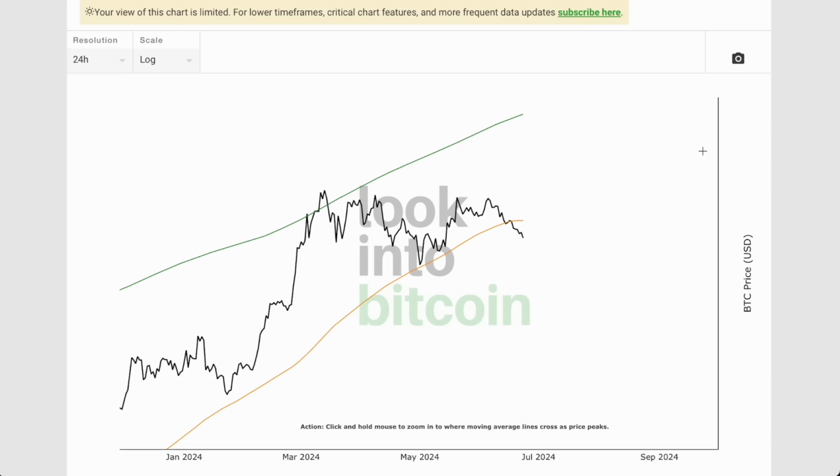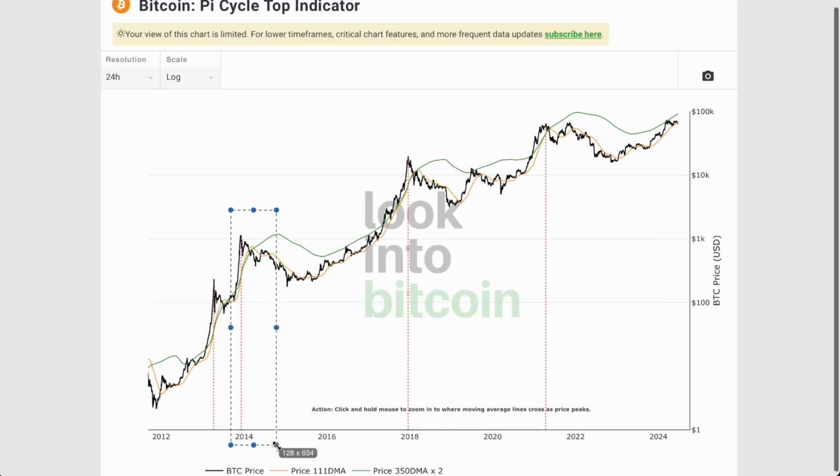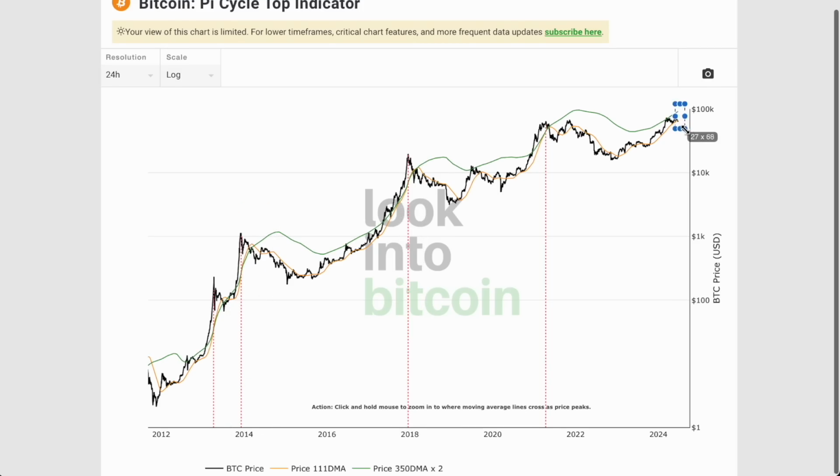So when it comes to this crossover, we're really far away. There's no talk of a bull market top as per this indicator, and this indicator has been quite a reliable one. We've seen past crossovers predict bull market tops quite accurately, and so the fact that we're nowhere close to a bull market top according to the Pi Cycle crossover indicator here just showcases that we still have a ways to go.